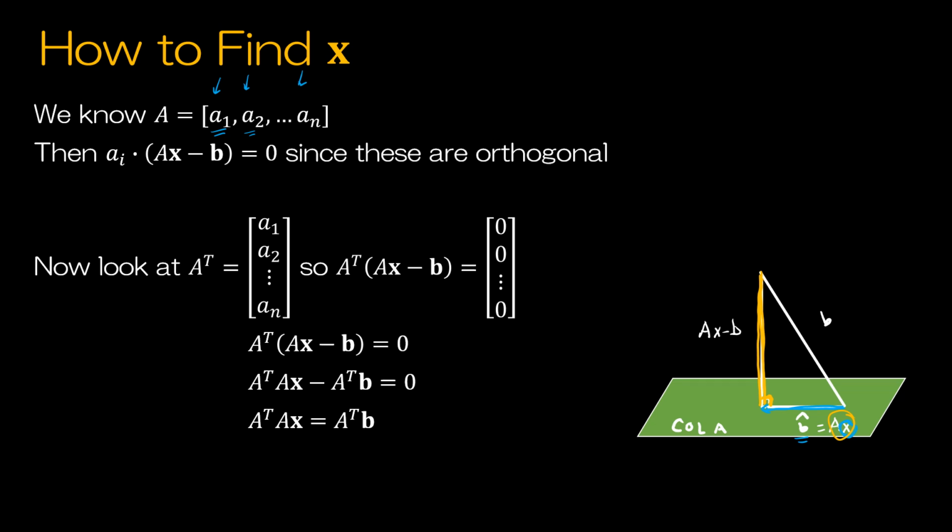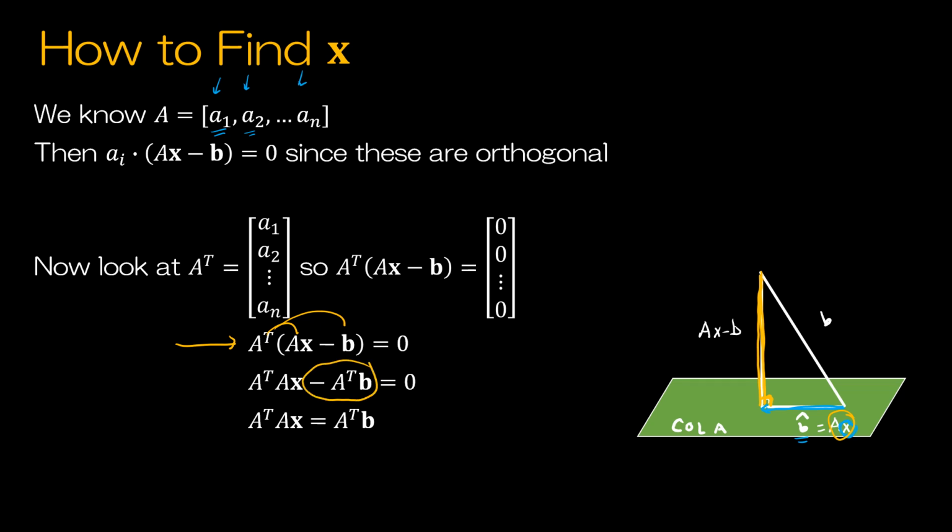Now, what if I look at A transpose? A transpose times Ax minus b is going to be 0 as well. So let's take A transpose times Ax minus b equal to 0, and go ahead and distribute the transpose. That gives me A transpose Ax minus A transpose b is equal to 0.